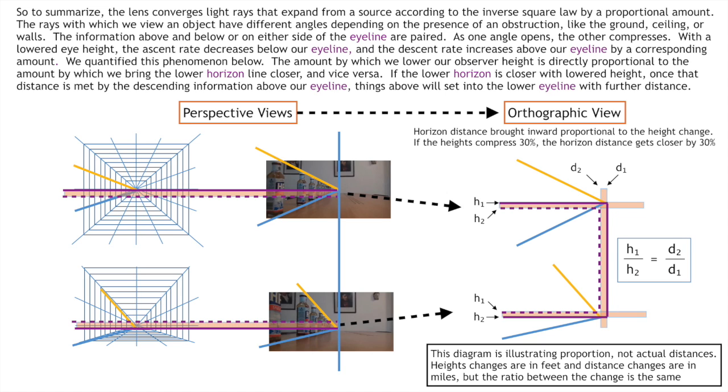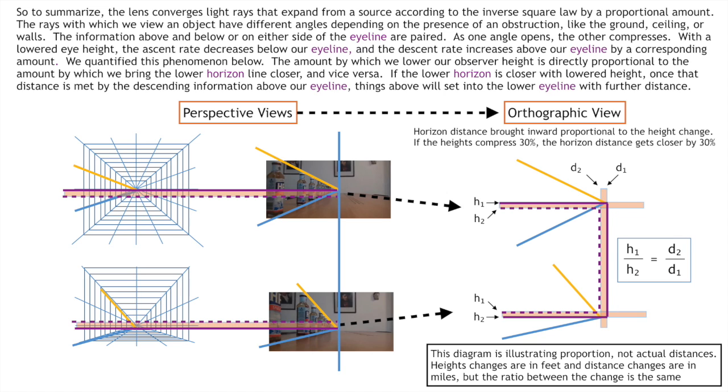So if I take my height and lower it by a certain amount from h1 down to h2, the horizon distance will come in by a directly proportional amount. Keep in mind within this diagram, it's conceptual.